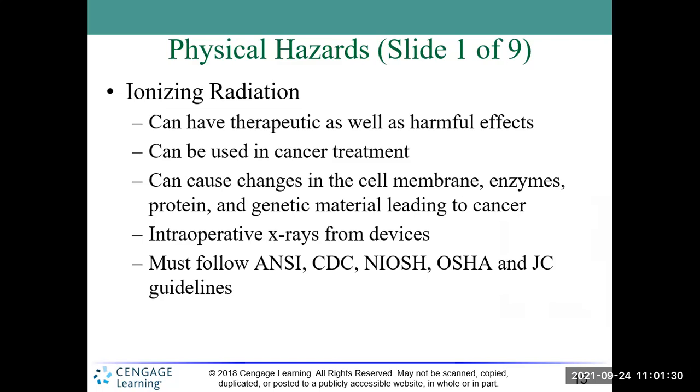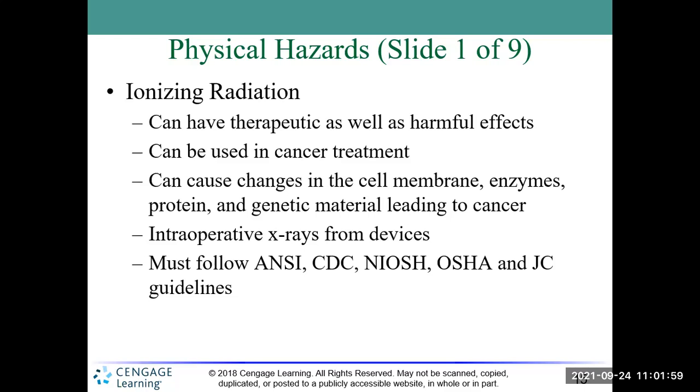So it's really important that you are protecting yourself in these cases, because while it is providing the therapeutic benefit to the patient, it can provide harmful effects to the staff as well as to the patient if things are not safeguarded. And so this is one time to think about it when radiation is being administered in the OR setting directly to the cancerous area.